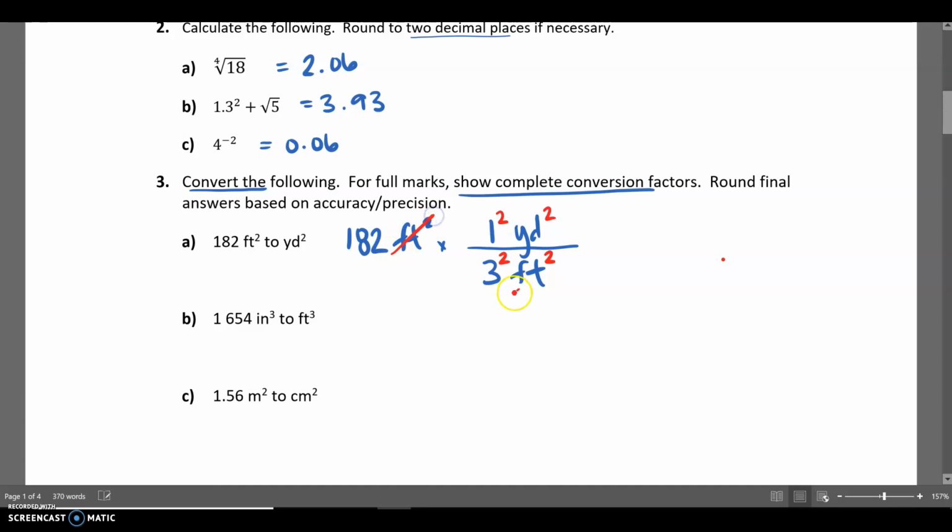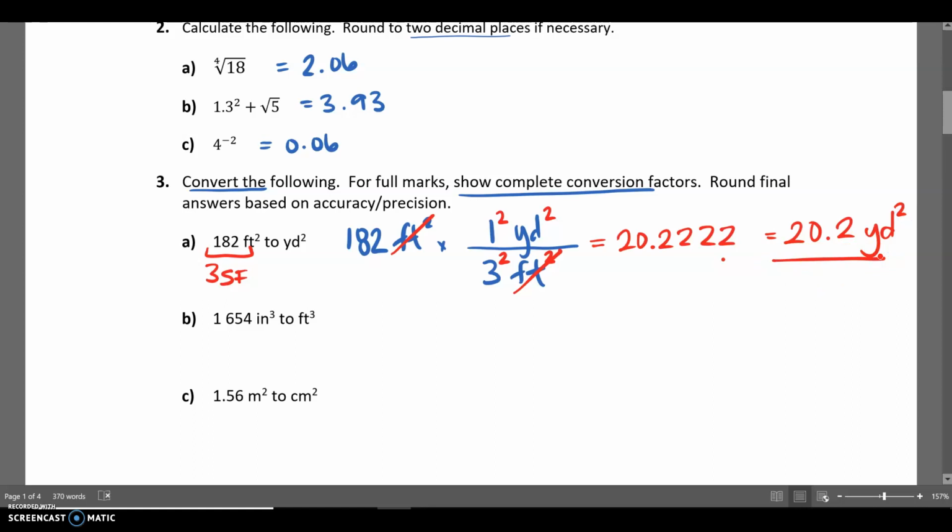Now square feet will cancel out, and I'll be left with square yards. On the calculator, I can do 182 divided by 3 squared, and I get 20.2222. My initial measurement is 3 significant figures, so I'll round this the same, 20.2 square yards.